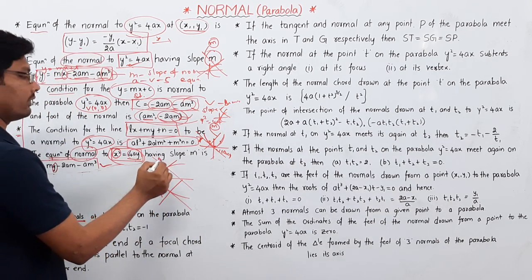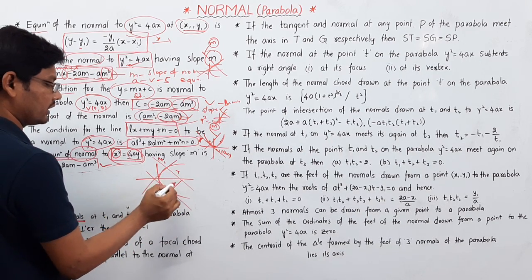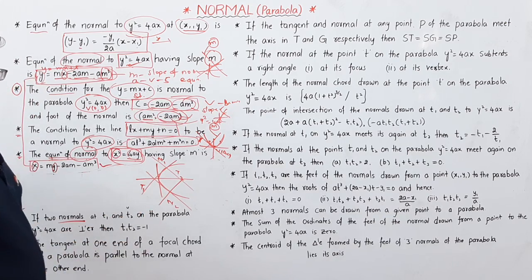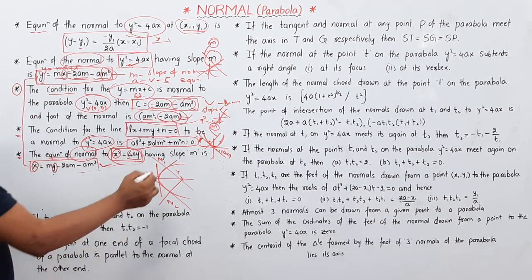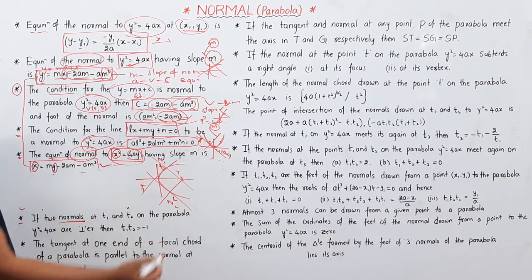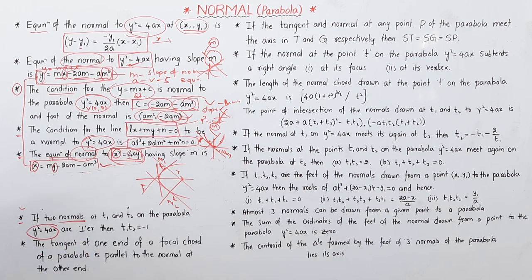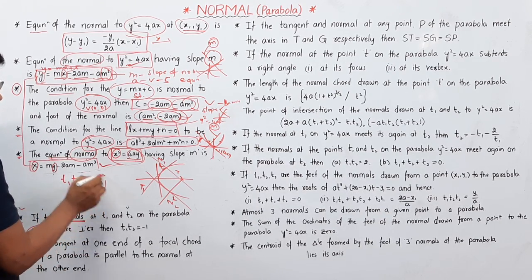This is n1 and n2, t1 and t2. Two tangents, two normals on a parabola. And if two normals at t1 and t2 on the parabola y square is equal to 4ax are perpendicular, then the condition is t1 into t2 is equal to minus 1.